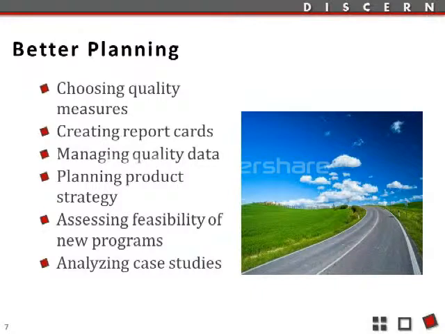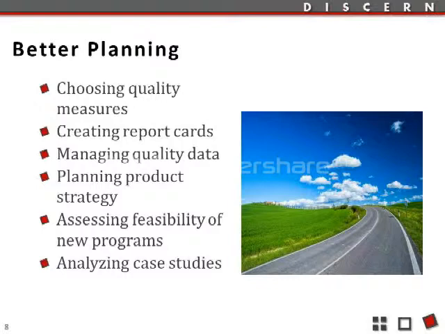We also have a number of projects that look at how all of that, how better delivery models and better payment models fit into better planning for a variety of clients and stakeholders and organization types. And so our projects focus on choosing and using quality measures, on creating report cards for providers and report cards for the public on provider performance, collecting and managing quality data.